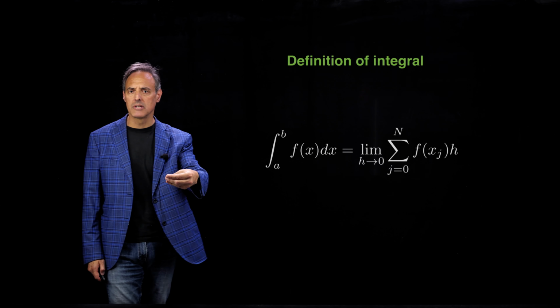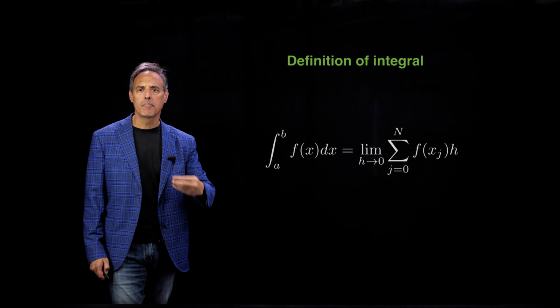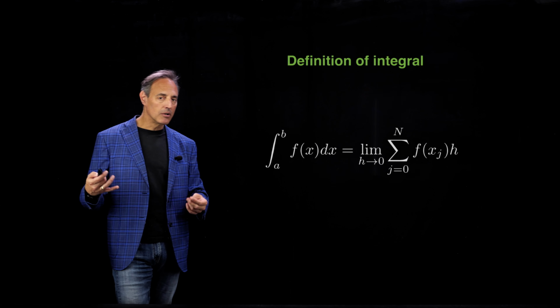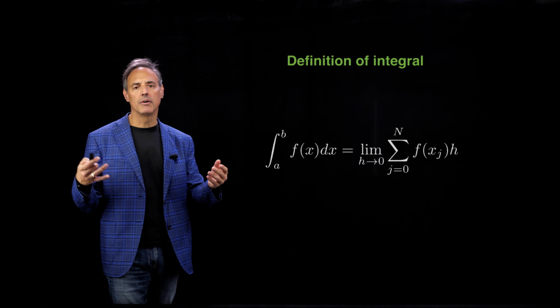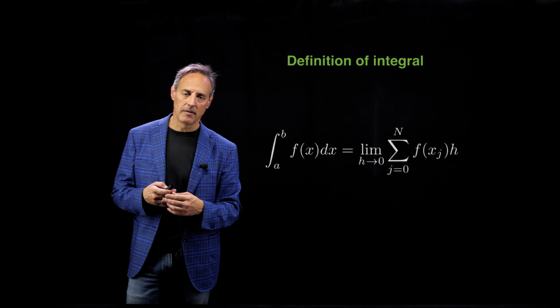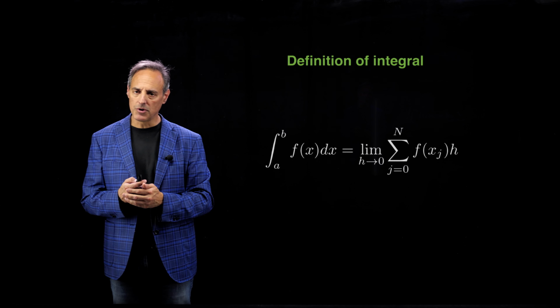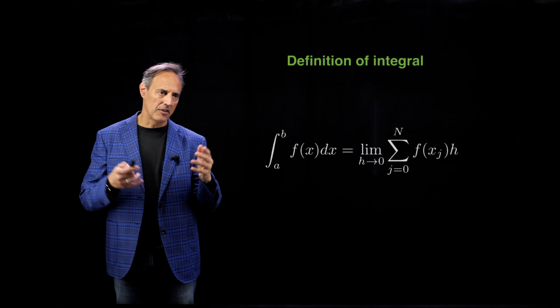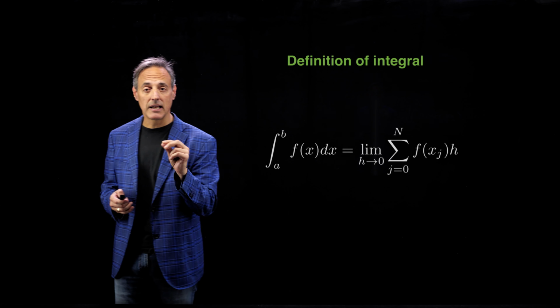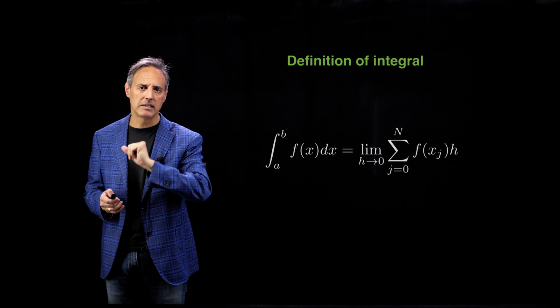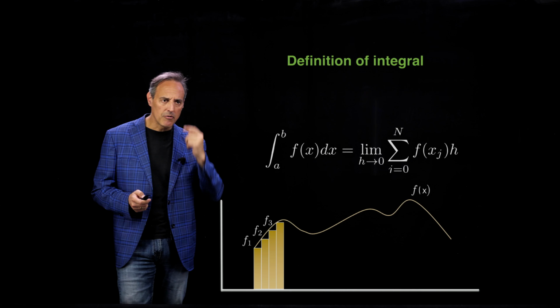I'm not going to do this limiting process because it is difficult for the computer to handle: you either have divide by zeros for derivatives, or here you're multiplying by infinities because you have an infinite number of rectangles. So we're just going to take a small finite width rectangle and add them together. And of course, just like Taylor series expansions, our error is going to be dominated by how thick that rectangle actually is. So let me give you a pictorial of this.